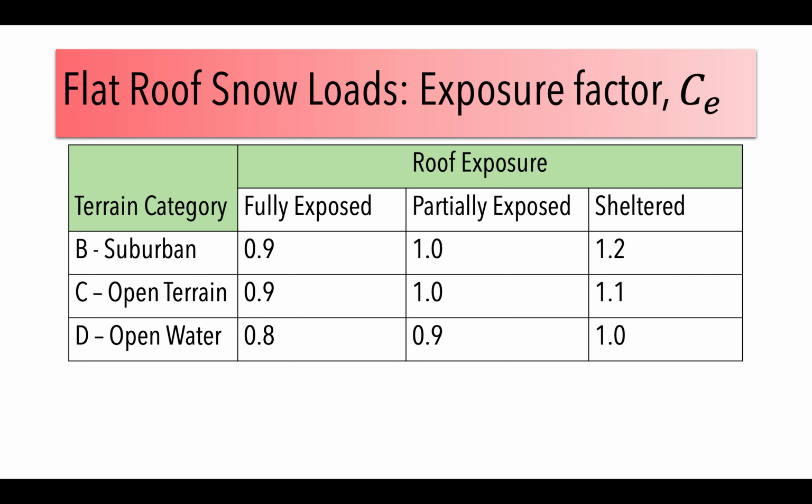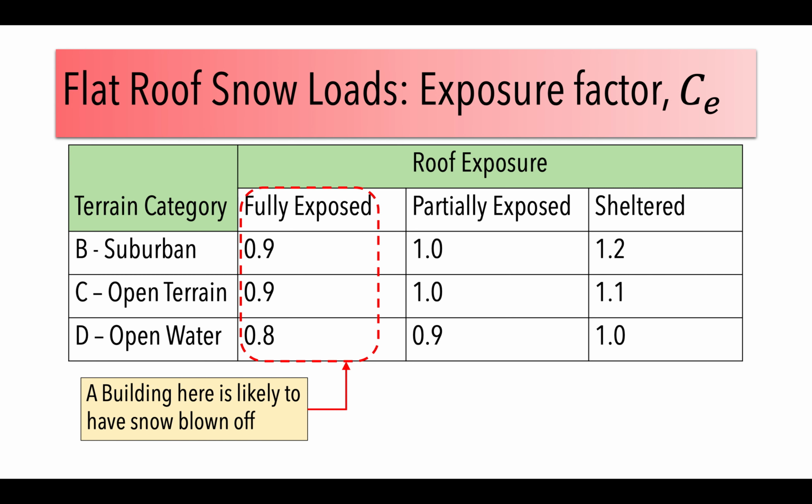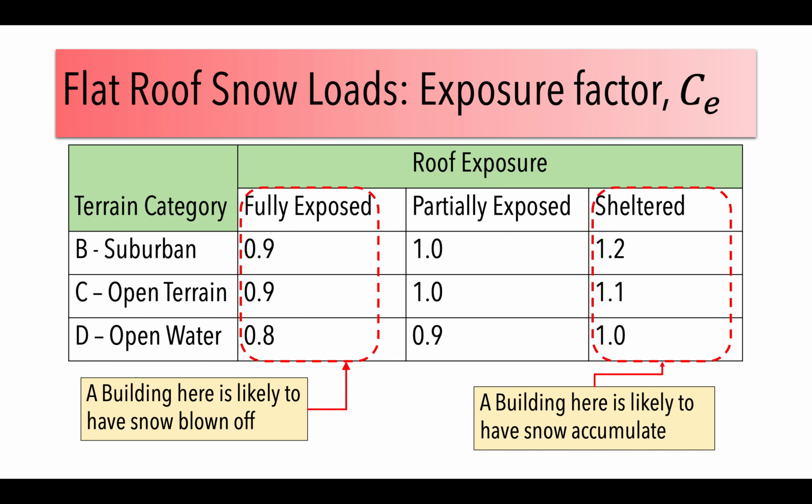And something I'd like to point out is here, a building in a fully exposed area simply means that the snow will be blown off, and so we have smaller exposure factors compared to a building or a structure in a sheltered area, which simply means that the snow will accumulate. So we have factors that are higher than an area with a fully exposed roof.